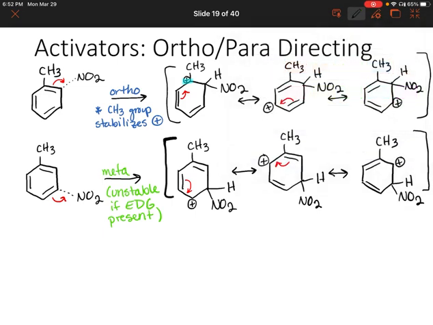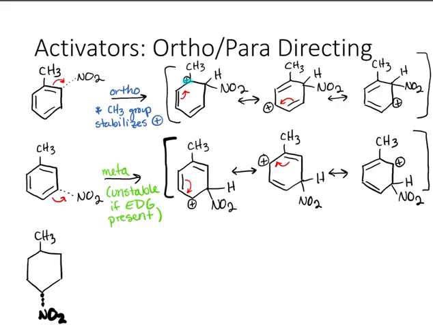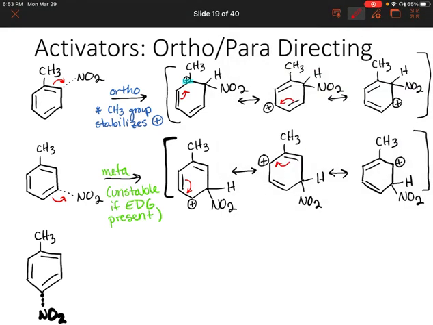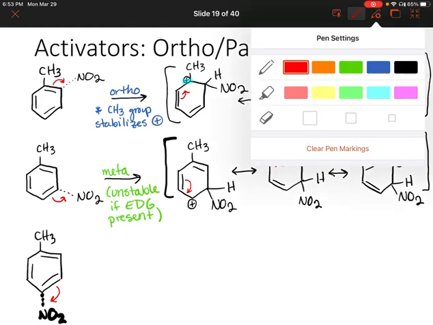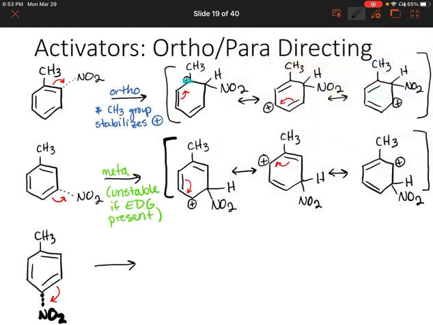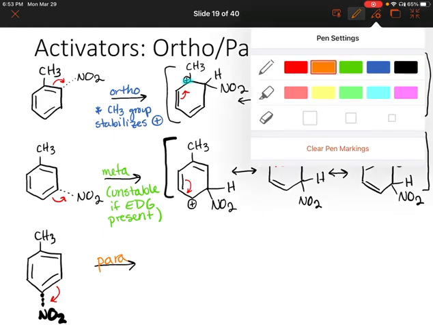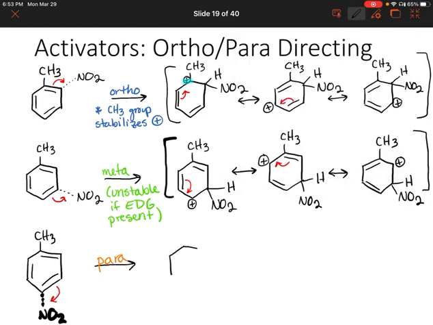So let's look at the para reaction. Oh, my pen always goes bold towards the bottom of the screen. I don't know why. All right, so we're adding our NO2 group to the para position, and we're forming our intermediate.